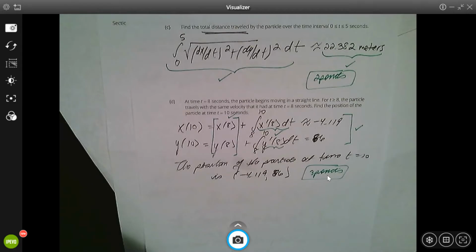I can think of at least one or two other ways that you might want to approach a problem like this, but essentially it's all going to be the same. The position at time 10 is the position at time 8 plus the total change.